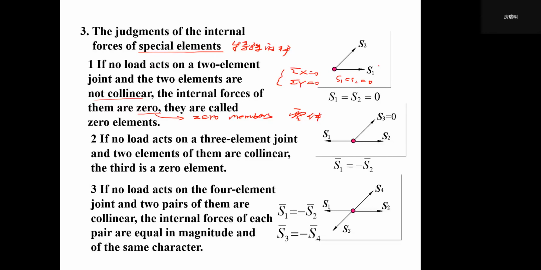Can you understand that? You can think by yourself, take your time. If S1 and S2 are not 0, then these two equations cannot be true, which would be contradictory to the equilibrium of a plane concurrent force system. You can think about that.